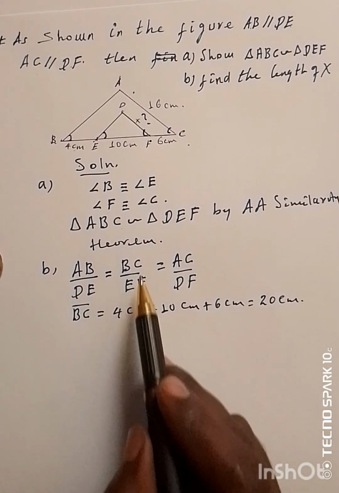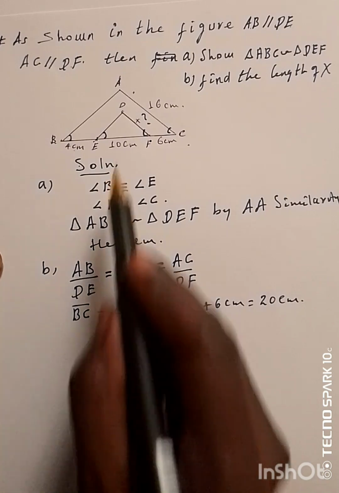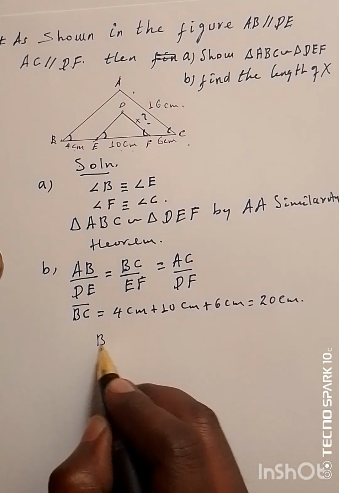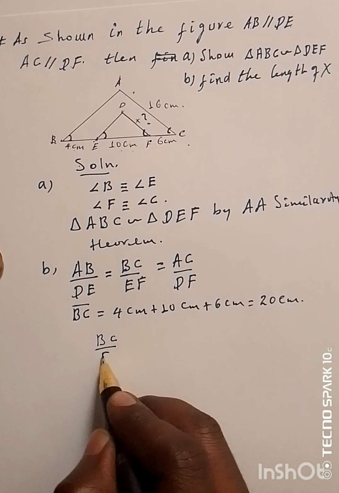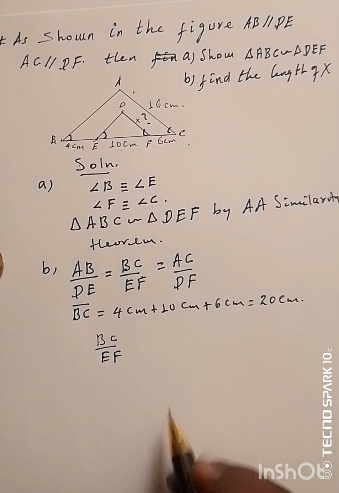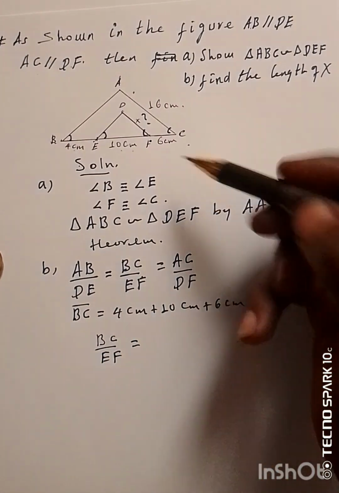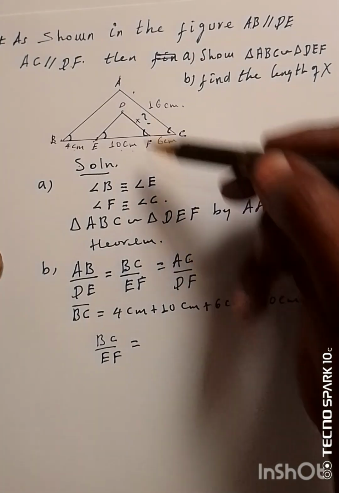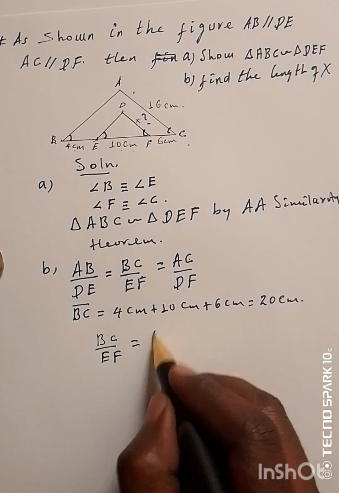So here BC is given, EF is given, that is 10 centimeter. Take this one, BC over EF, this is equal to AC over DF. AC is this one, and DF is this one.